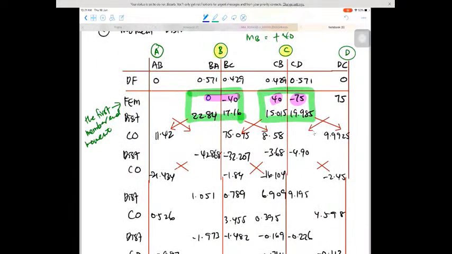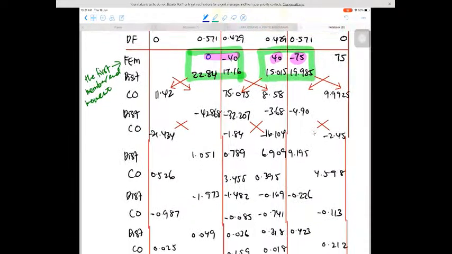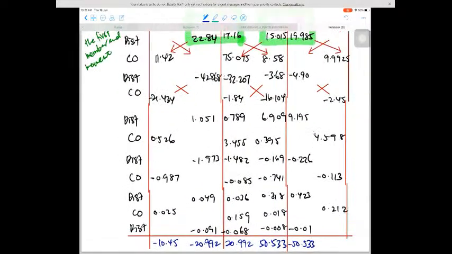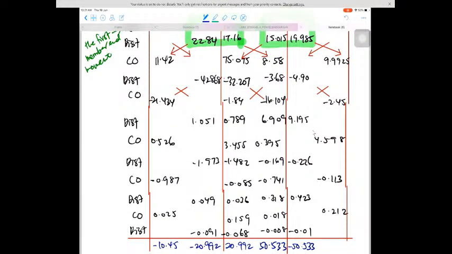And for the last value, for DC, it is 75 plus 9.9925 minus 2.45 plus 4.598 minus 0.113 plus 0.212. So we get 87.2395, so 87.240.